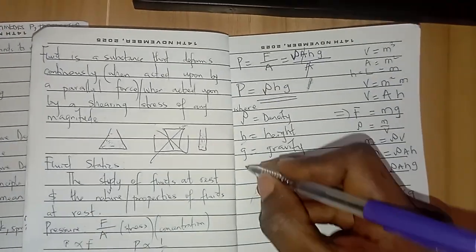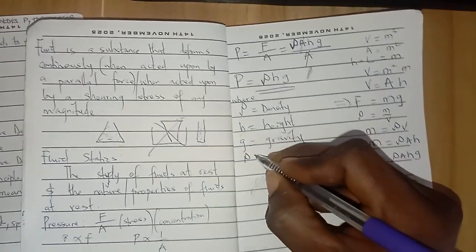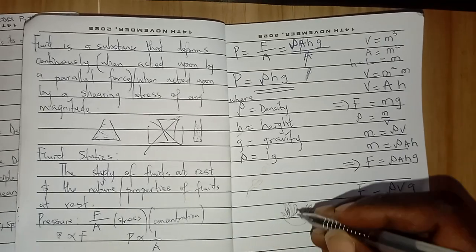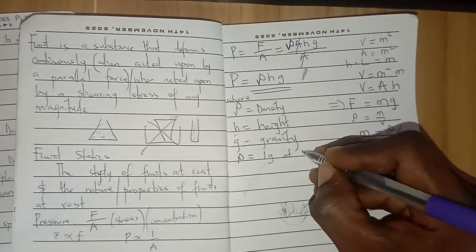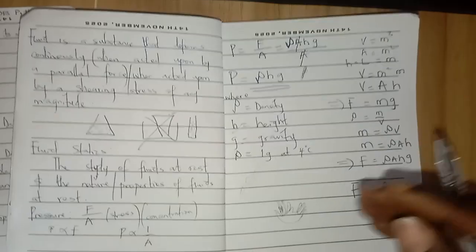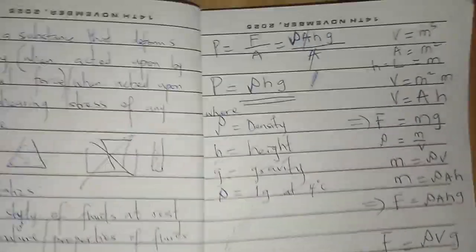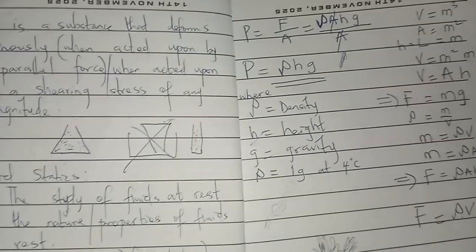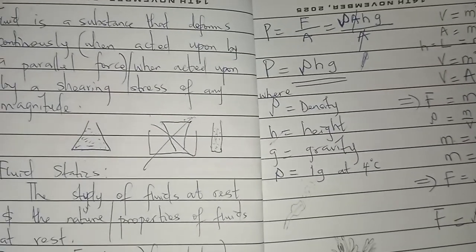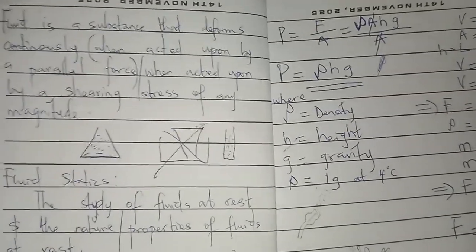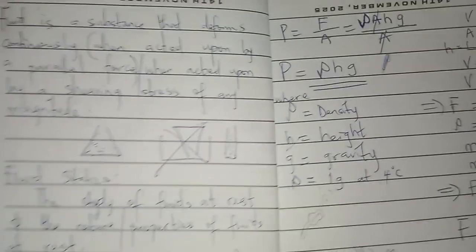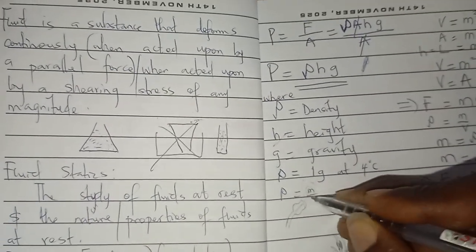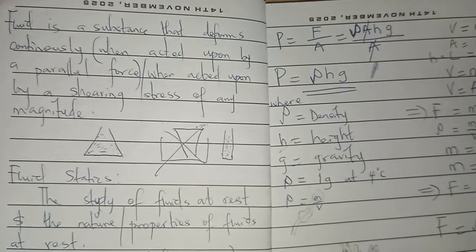Now notice something. The density of water is 1 gram per cubic centimeter at 4 degrees C, or you say at STP. Now that means that, if, for example, you need to also know that the mass of water is the same thing as the density of water. Remember that density is mass over volume, so it's directly proportional.